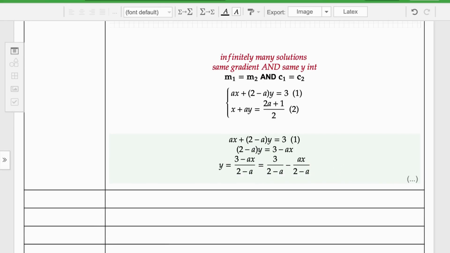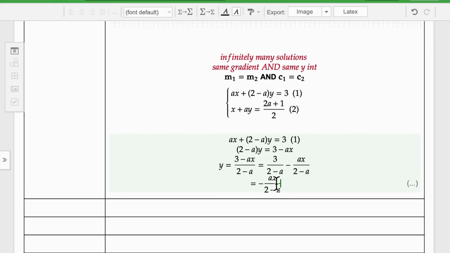So let's turn this into the standard form of y equal to mx plus c. How to do that? By rearranging the terms. So here, what I can do is put the x here, and then I will add the second term here.